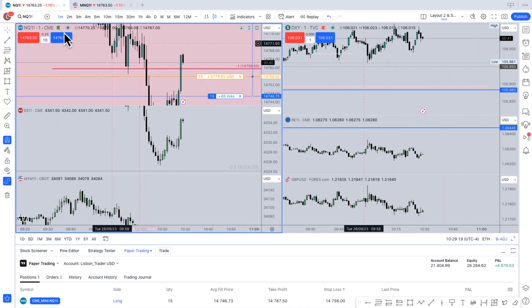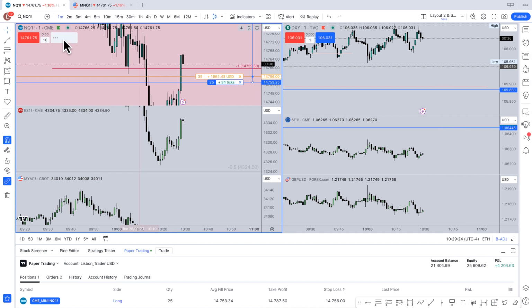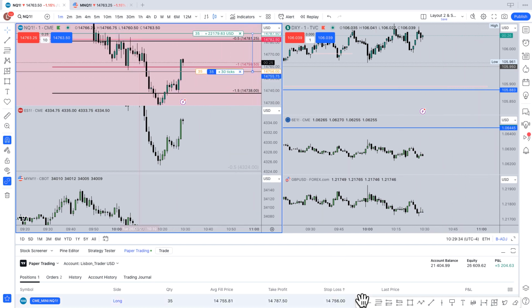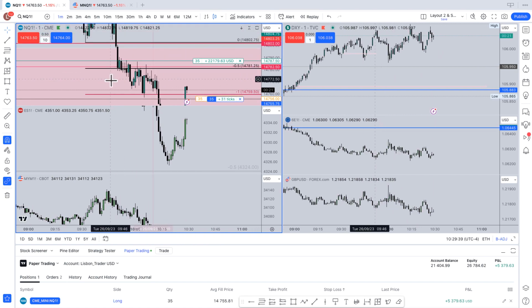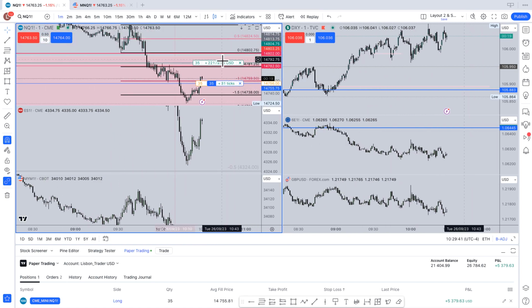So 2,000. There. Break even. Let's see if this stop holds. So we are at 21k. Wait, 35,000 in equity and pushing higher.